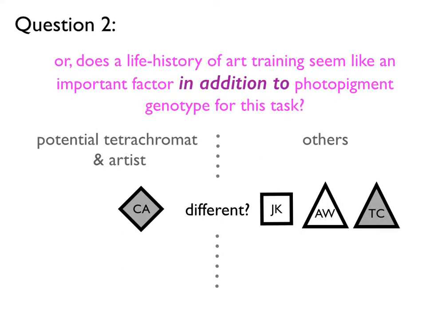Another way of asking this question is perhaps instead, life history of art training is an important factor in addition to photopigment genotype for this task, in which case the potential tetrachromat who is the artist would be differentiated from the others in the experiment. These are some of the questions that we looked at with the data observations we did among these 4 female participants. And here are their preliminary results.